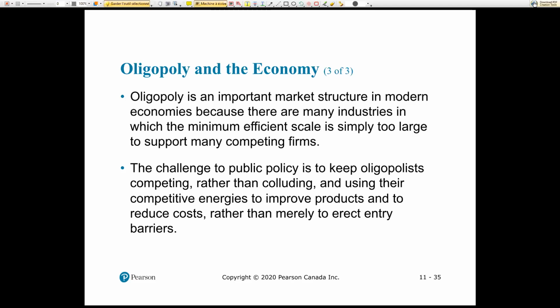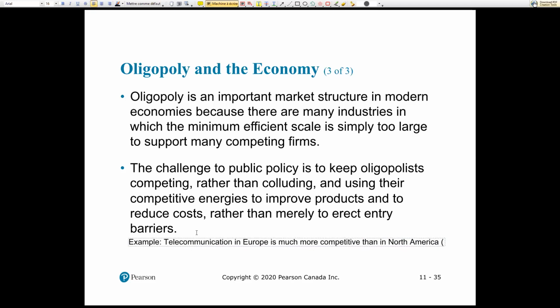But it's very difficult to show. In Europe they have been most successful, and a good example of that is, we've talked a bit about this, telecommunication. In Europe it is much more competitive than in North America, especially Canada.